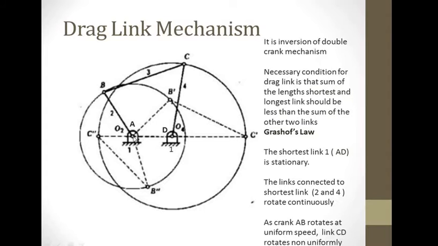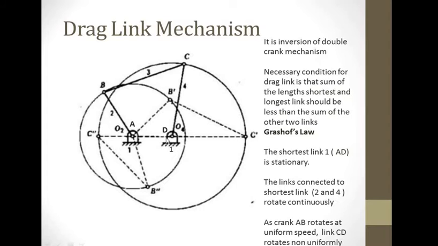Here the shortest link is fixed, and the links adjacent to the shortest link, that is the neighboring links, will rotate completely. Link number 2 rotates in the smaller circle, and link number 4 rotates in the larger circle. The shortest link AD is stationary, or fixed.